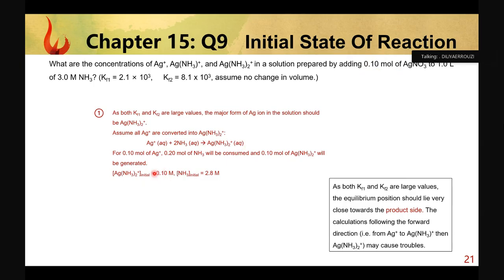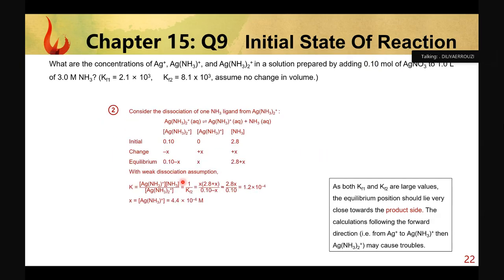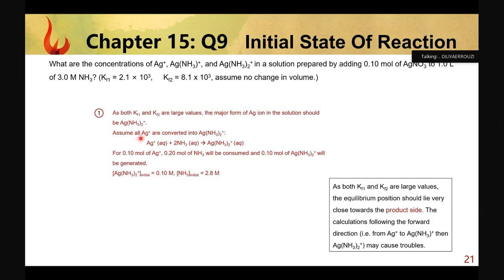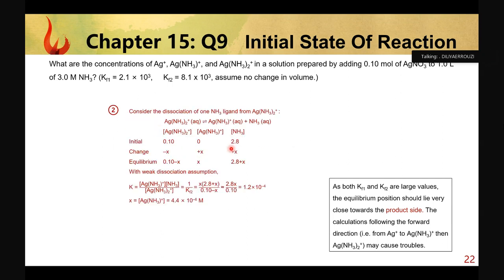So the concentration is this, and the concentration of the ammonia is this. We need to think backward here. First, we assume all the reactants go to the product side. Then we need to consider the dissociation.